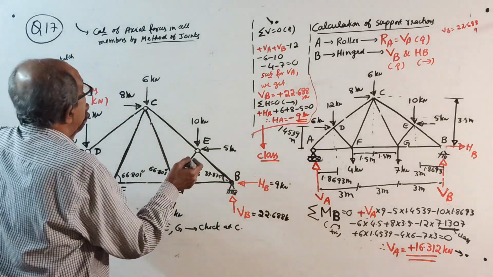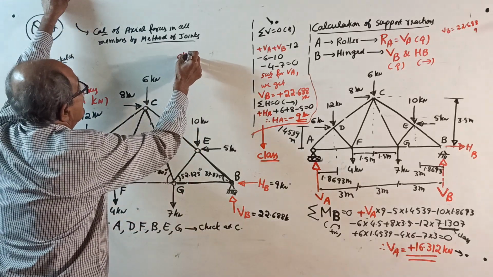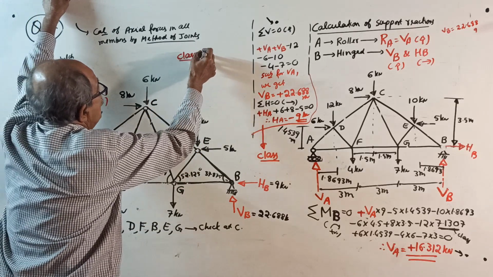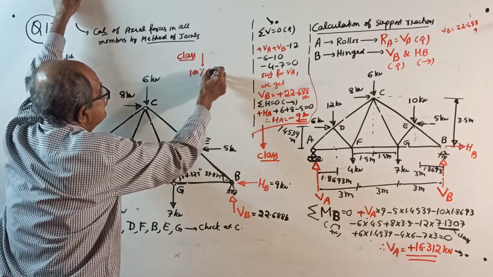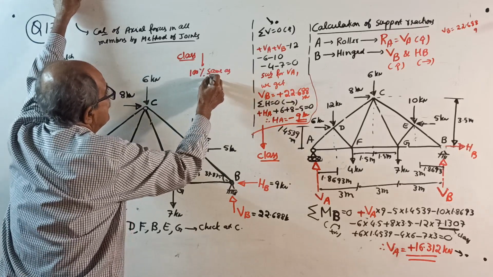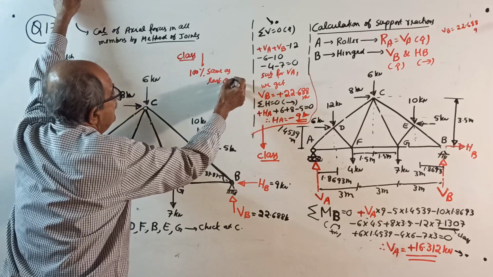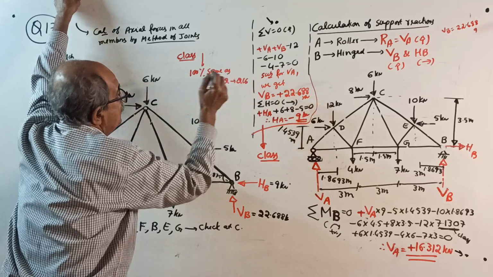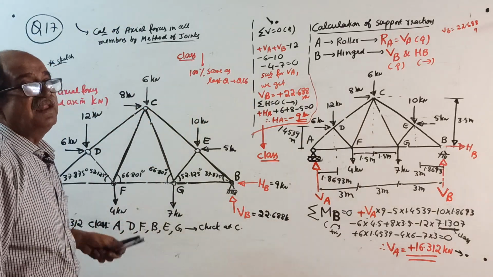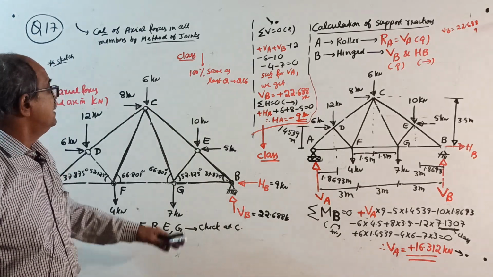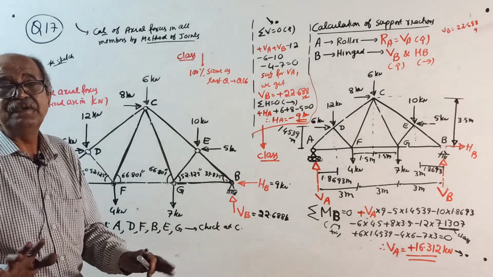Now class, when everything is over, this question is 100% same as the last question, question number 16. Somebody may tell me, sir, angle values are different, but it is 100% same as last time.